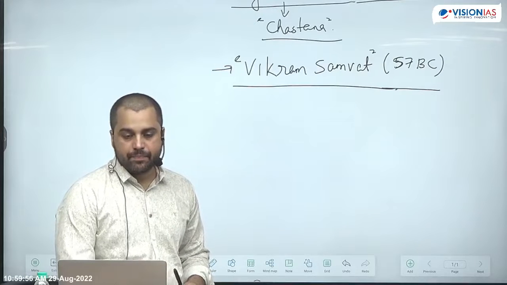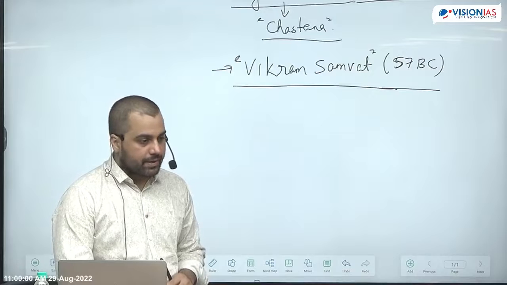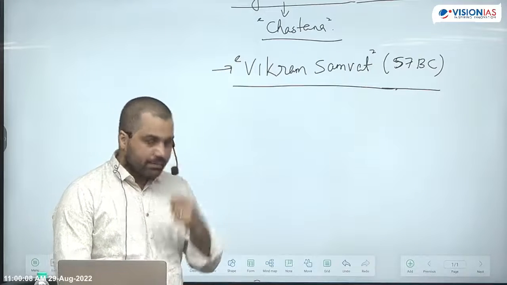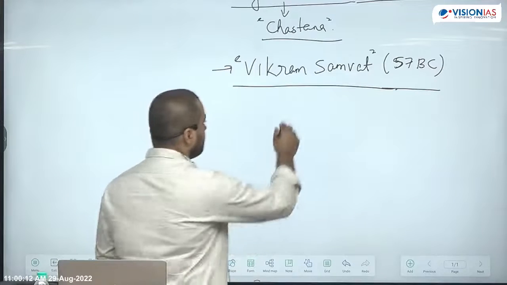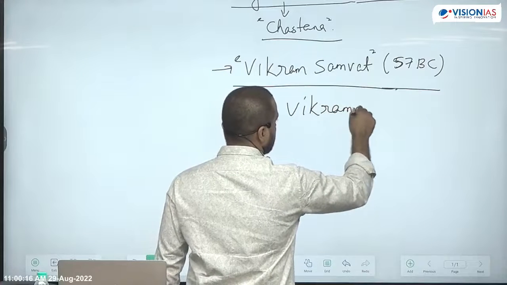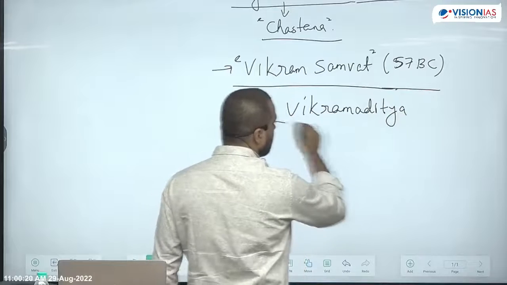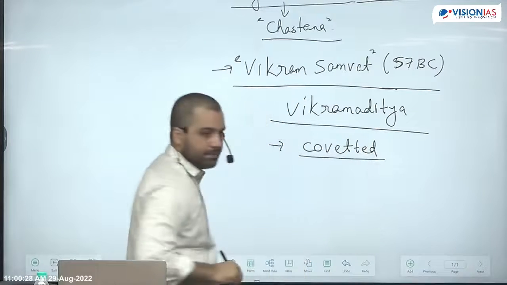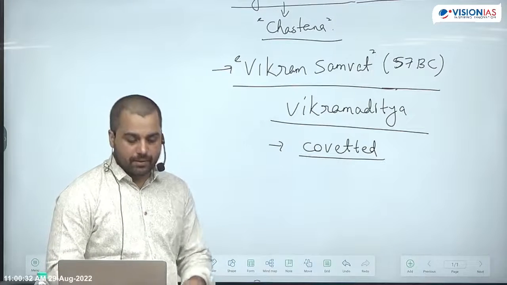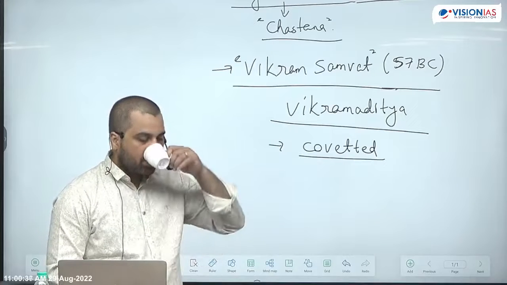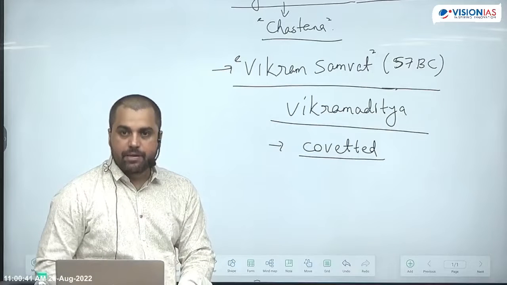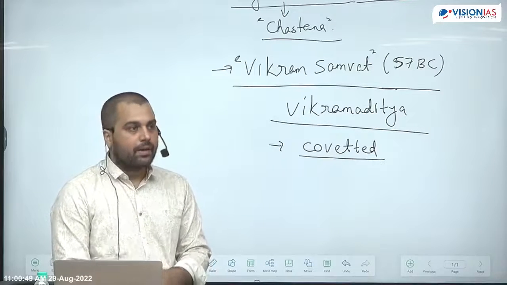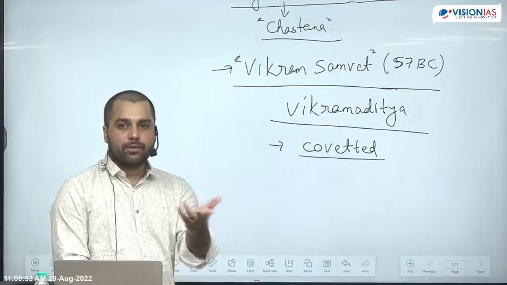After this victory, the king adopted the title of Vikramaditya, which became a coveted title after that. Coveted means that any time a king emerges victorious against a great power, a great enemy, they adopted the title of Vikramaditya. If you have understood the calendar concept, a very simple question, you answer and tell me.